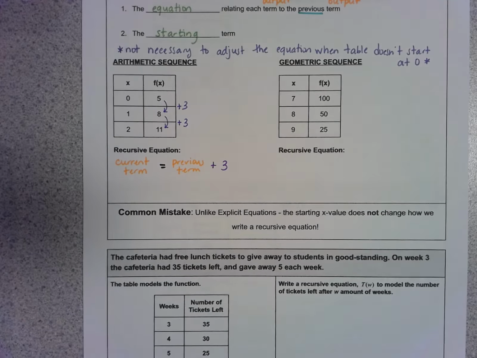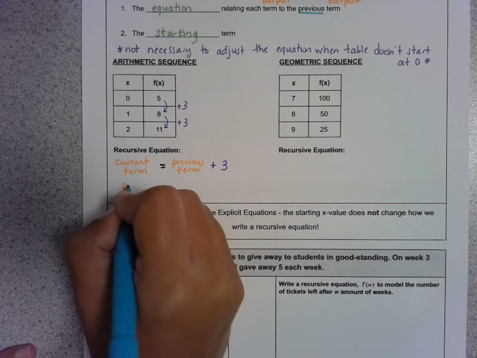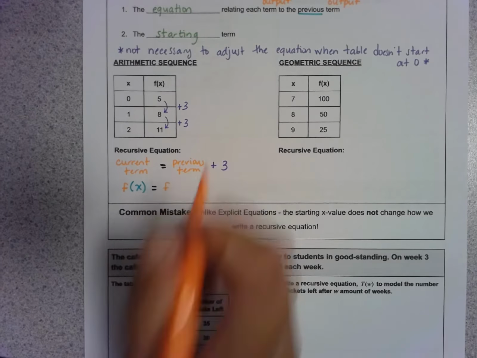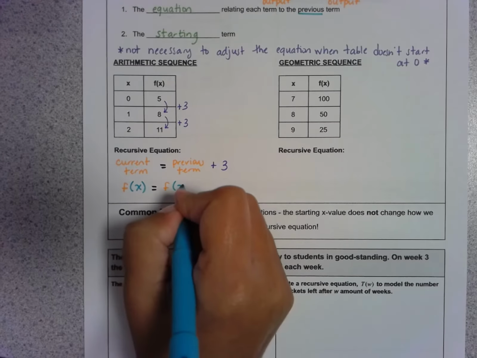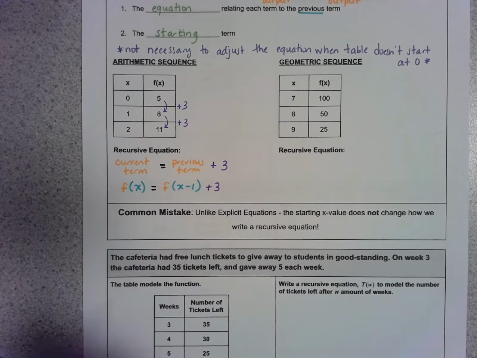To say this with symbols, I would say f of x is equal to f of x minus 1 plus 3.